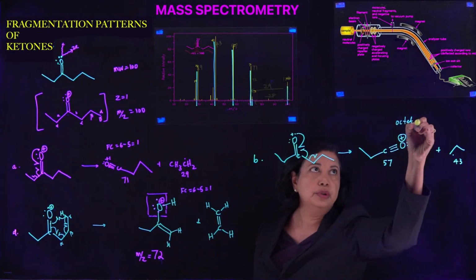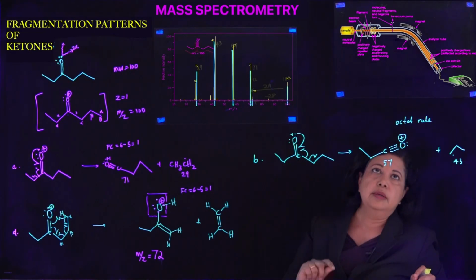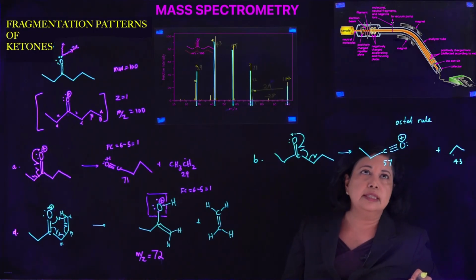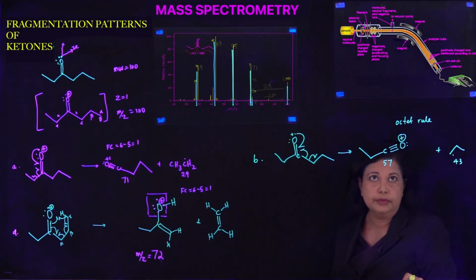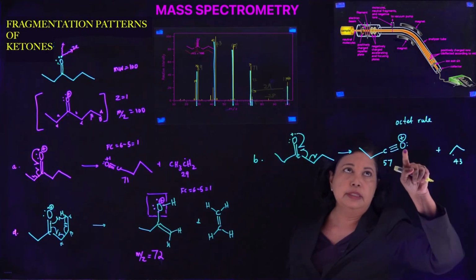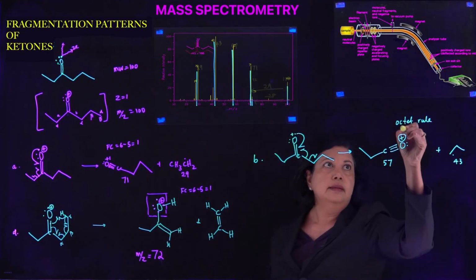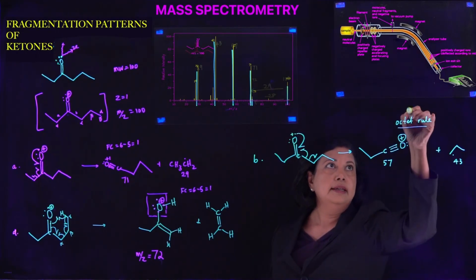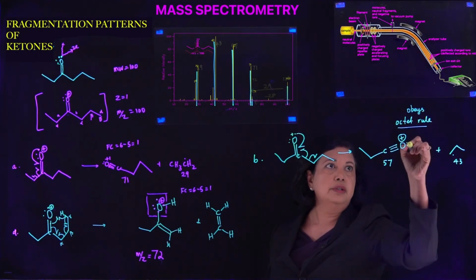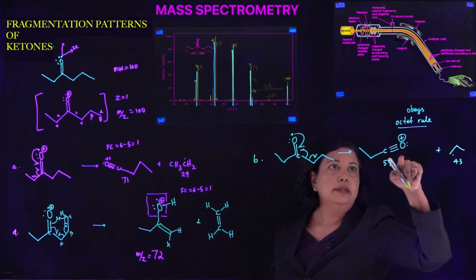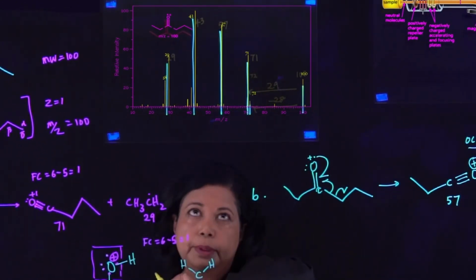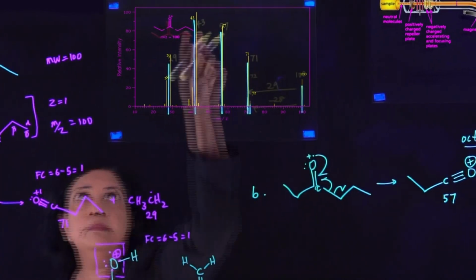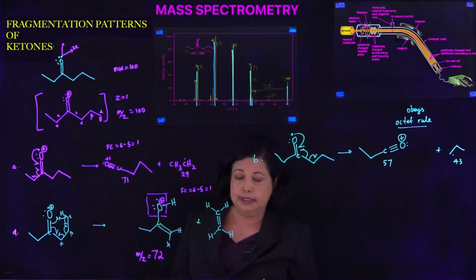We told you octet rule in resonance, when you have to choose between a positive that has an octet filled versus a positive that doesn't have an octet filled, this is going to be a lot more stable because it has got octet rule. Okay, so I'm going to put obeys octet rule. So therefore, it's going to stick around, and that's why you see so many of them stacked up here to give you a relative abundance of 95%.